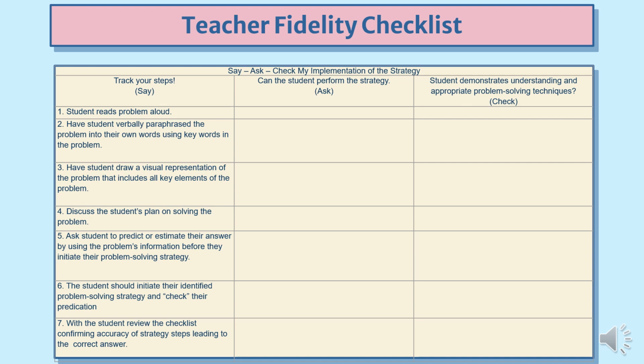As mentioned previously, students gain the most through close teacher support when combining the 7-step cognitive strategy we see here with the 3-step metacognitive model of say, ask, check. By using explicit instruction to teach these cognitive and metacognitive strategies, checklists promote implementation with fidelity.